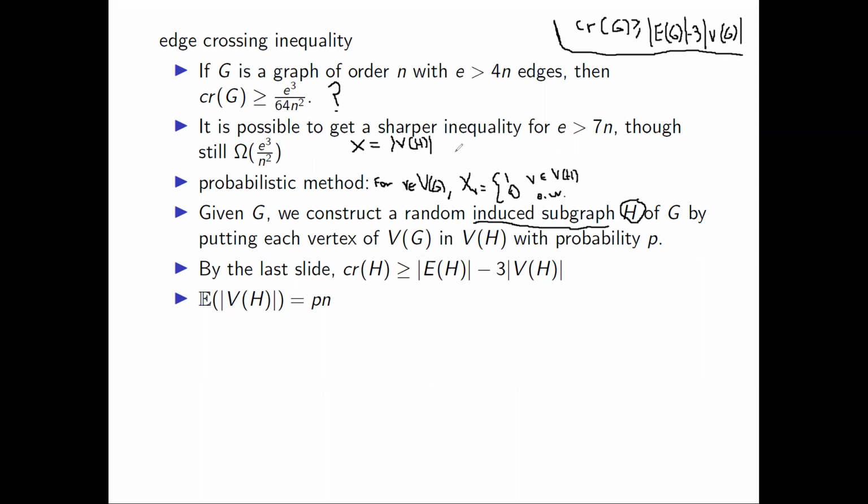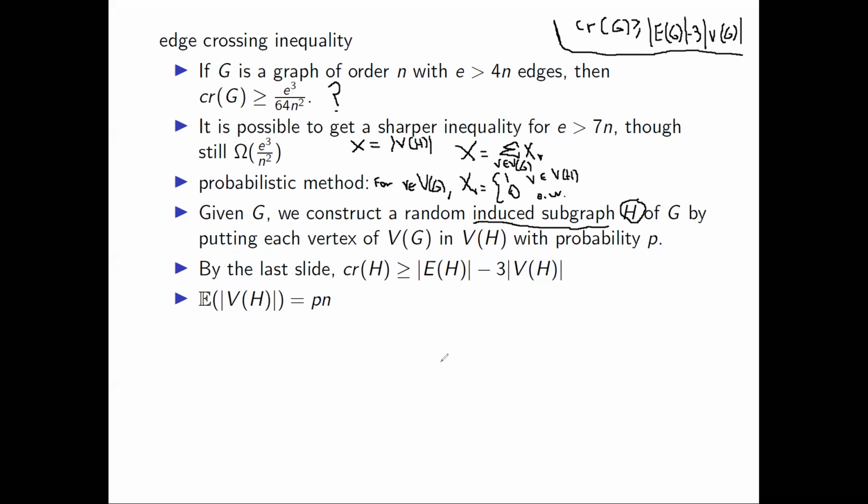And we can see then, using those indicator random variables, that our random variable X is equal to the sum over little v in the vertex set of G of X sub v.